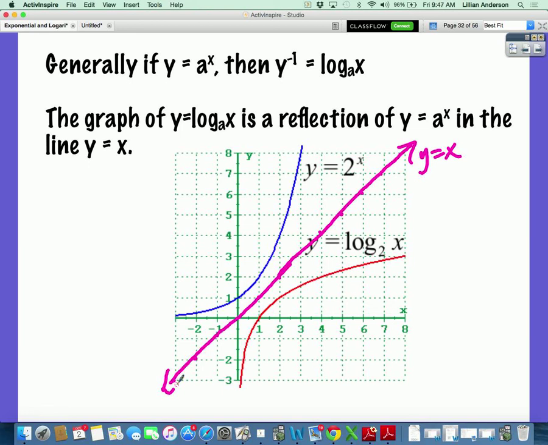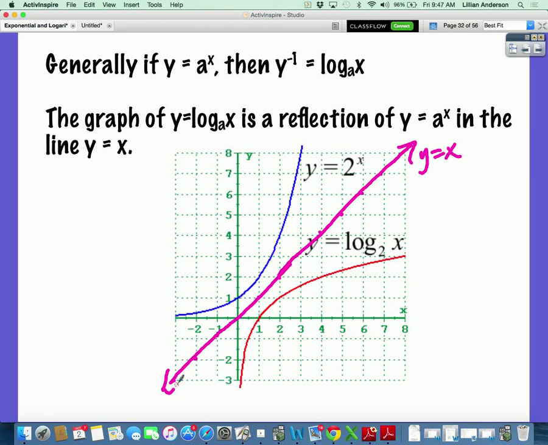Now think back to when we did inverses. We flipped our x and our y. When I gave you a graph and asked you to graph the inverse back in unit 1, what did you do?